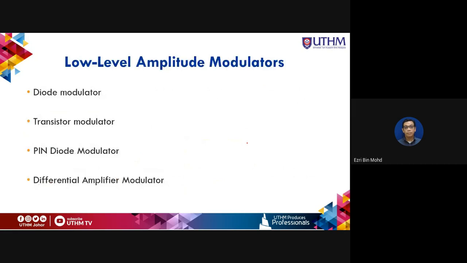Examples of low level amplitude modulators are the diode modulator, the simplest one, the transistor modulator using a BJT or PNP transistor, the PIN diode modulator, and the differential amplifier modulator. Those are four examples of low level amplitude modulator.